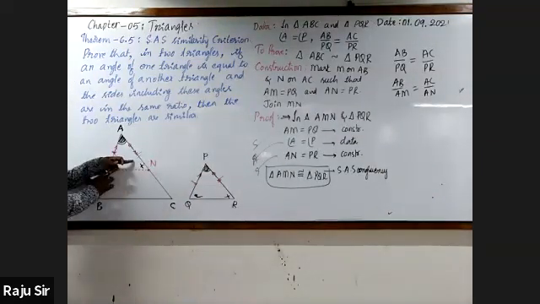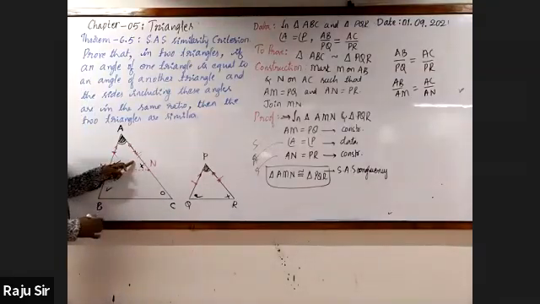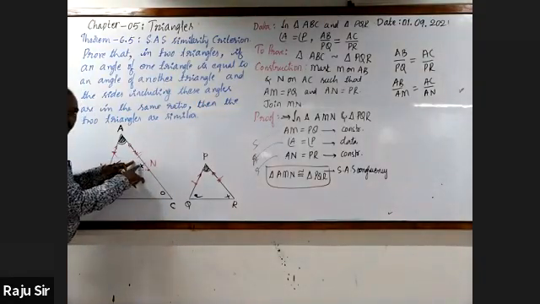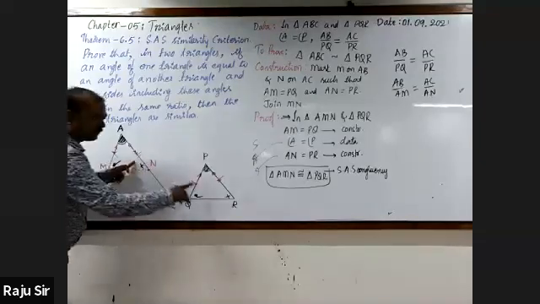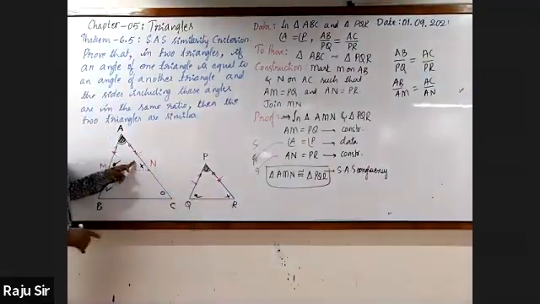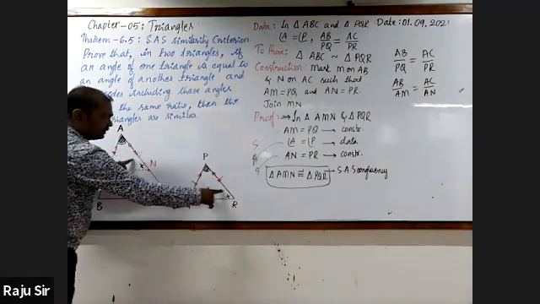Angle ANM is equal to angle C, corresponding angles. ANM is also equal to angle R. This is from CPCT.